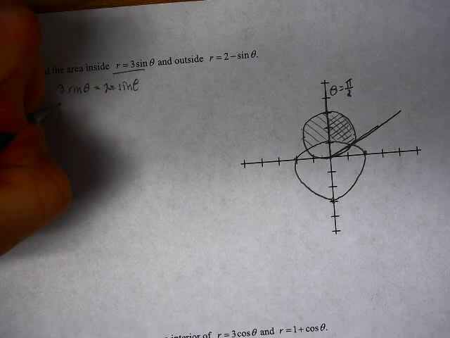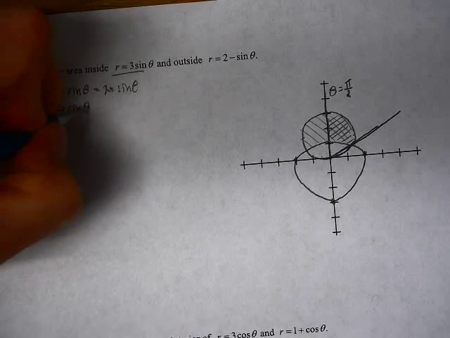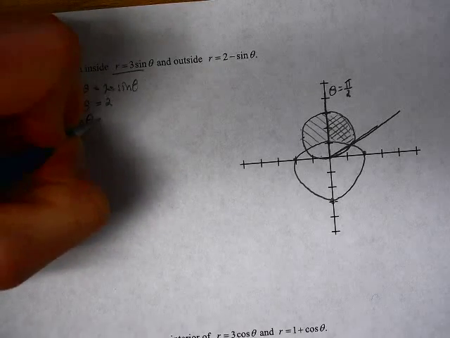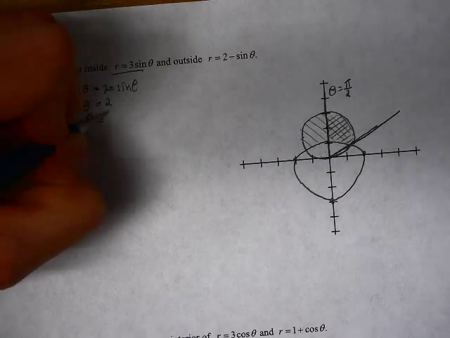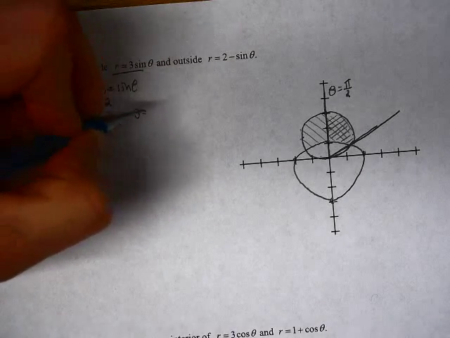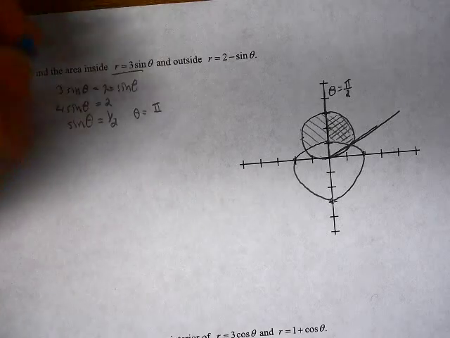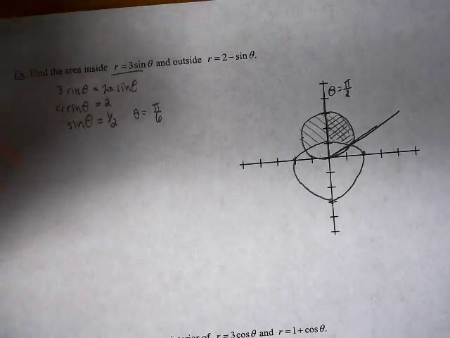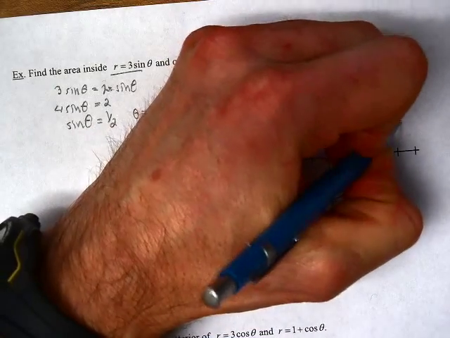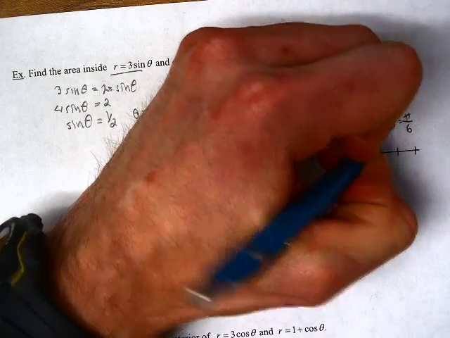So I get 4 sine theta equals 2. So I'm looking for when the sine of theta is equal to a half. And we know that occurs when theta is equal to pi over 6, when the sine of pi over 6 is equal to 1/2. So here I have theta equals pi over 6.